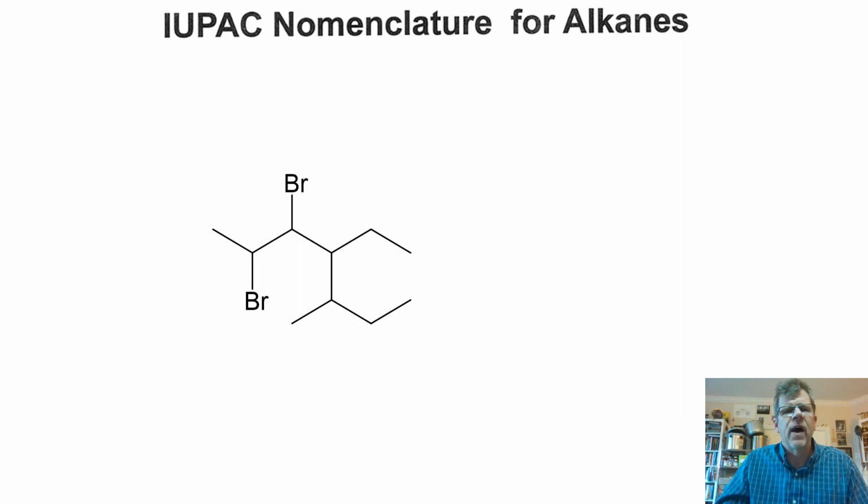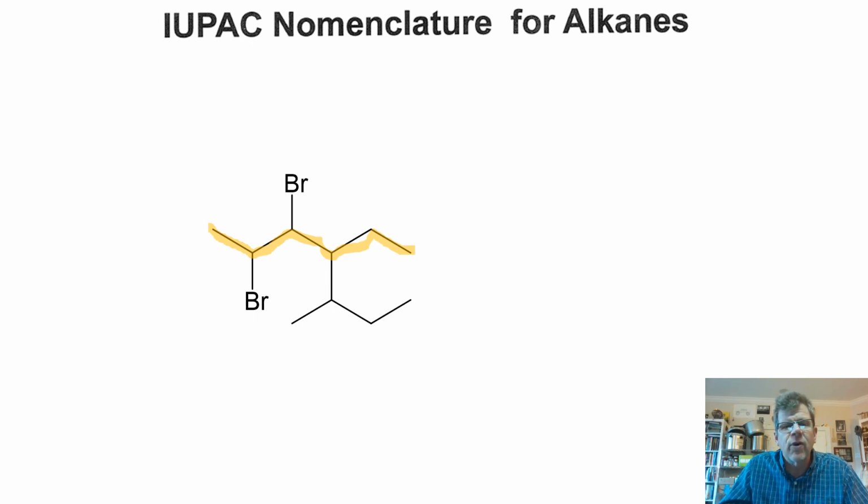So in this case, we have to determine the parent structure. Now, don't be fooled, because it's very tempting to just pick out as a parent chain that one zigzag going in a horizontal direction. So that's 6 carbons, that would be a hexane, right? Very, very tempting to do that.